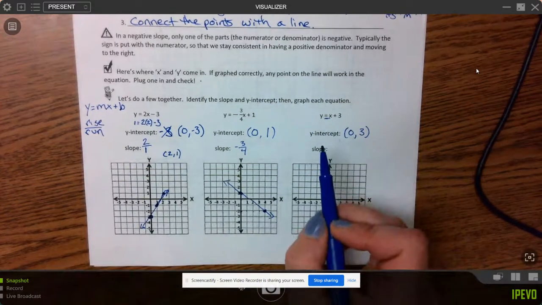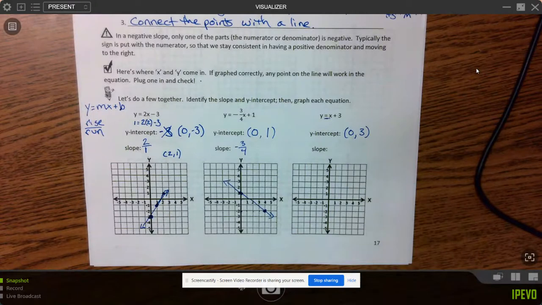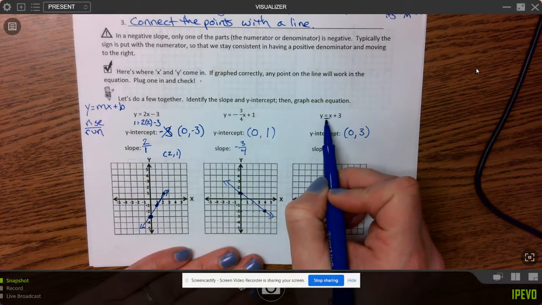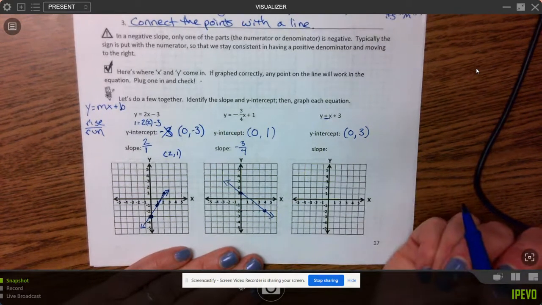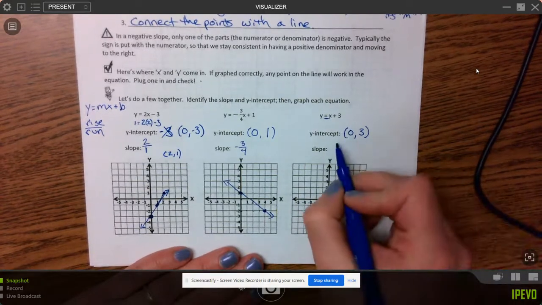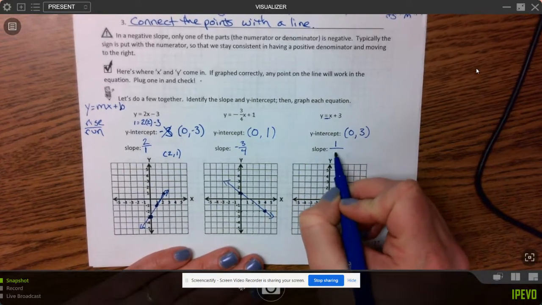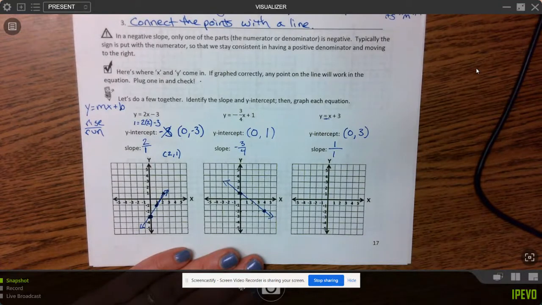And we know that when we multiply a variable by 1, it's going to be that number. So if we put a 5 in for the x and we multiplied it by 1, it would still be 5. So when we're multiplying by a 1, we don't write that 1 in there, but we know we're multiplying by 1. So our slope would be 1 over 1.